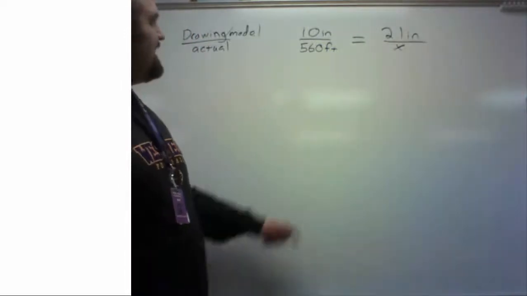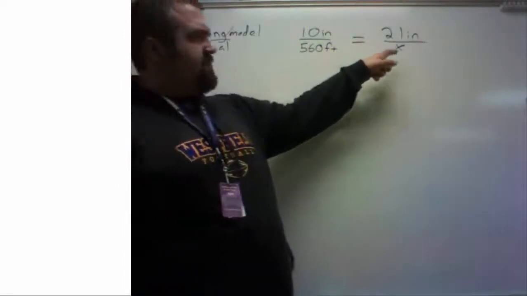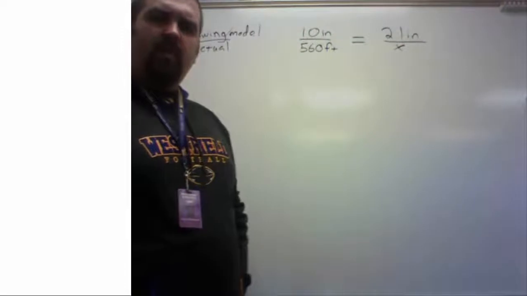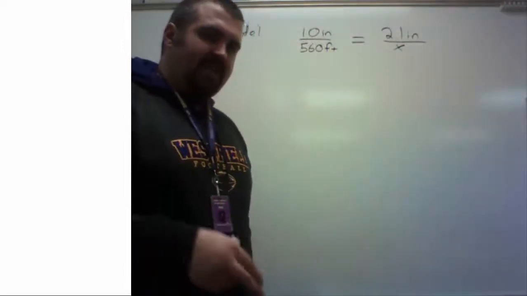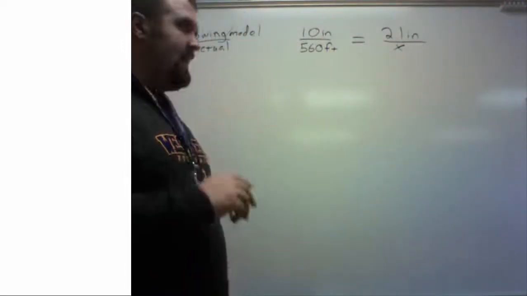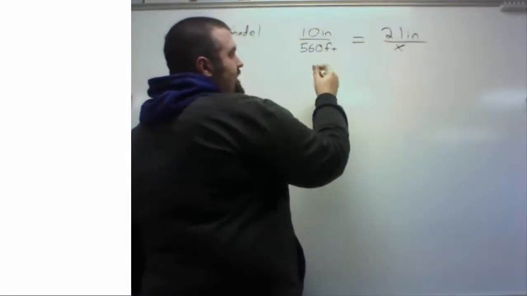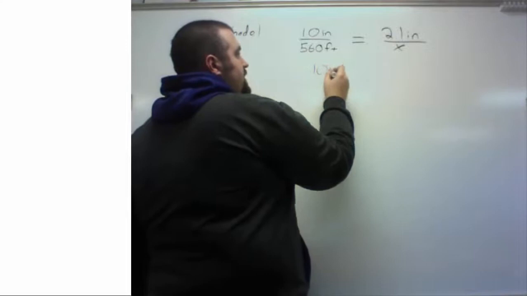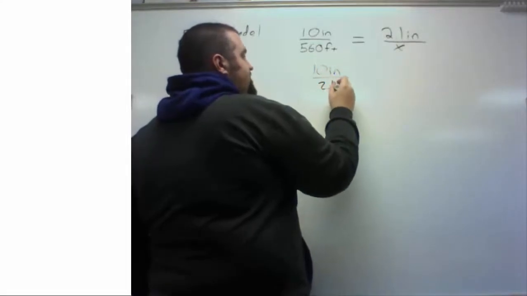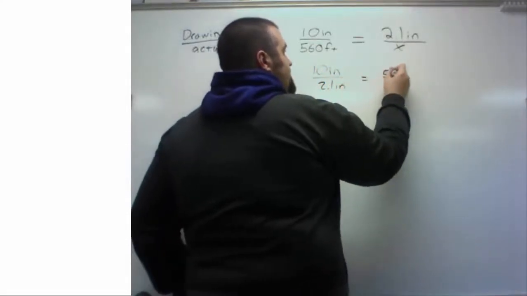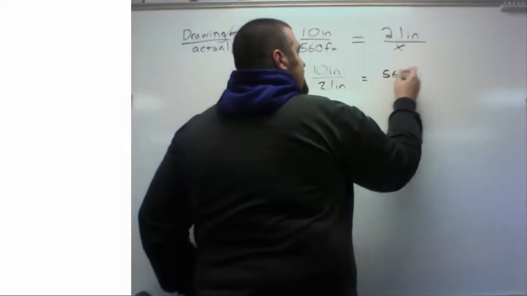I look at this. I don't have inches matching up to inches or feet matching up to feet. So what I'm going to do is use one of my properties. I'm going to switch the means about. So I'm going to switch 560 feet with 2.1 inches. 10 inches to 2.1 inches equals 560 feet to x.